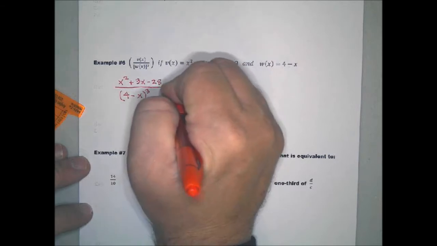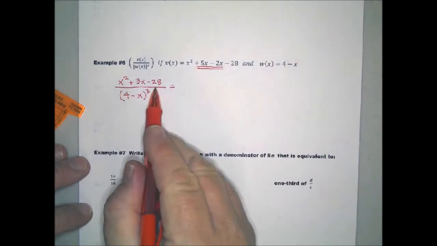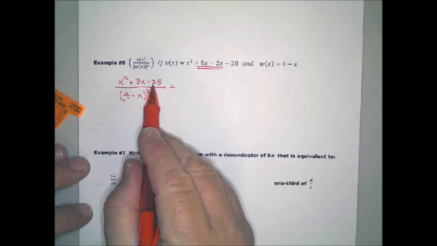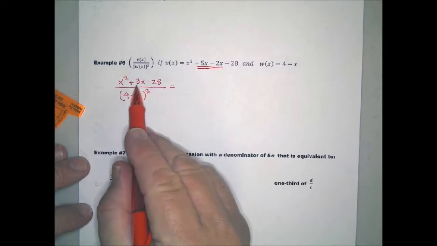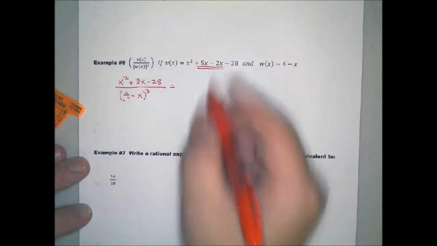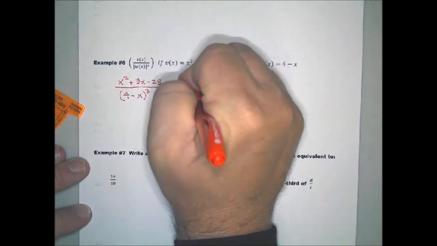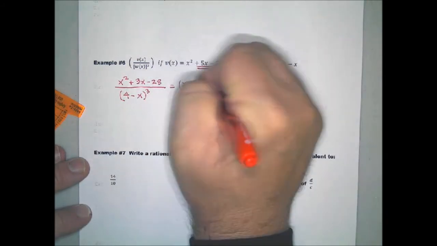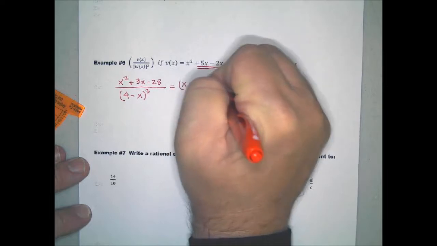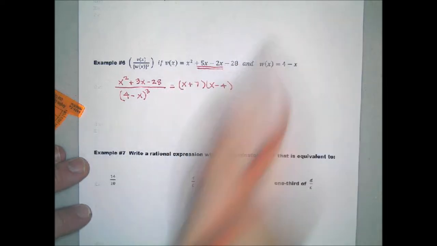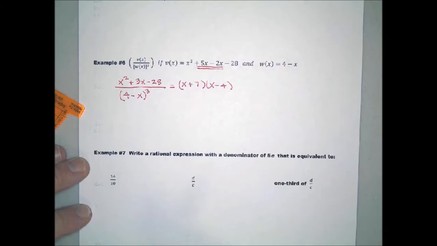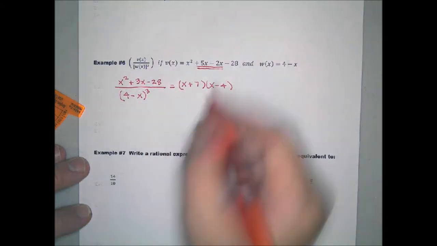Now, we're going to take the numerator, which needs to be factored. The factors of negative 28 that have a sum of positive 3 are x plus 7 and x minus 4. That's the numerator factored.